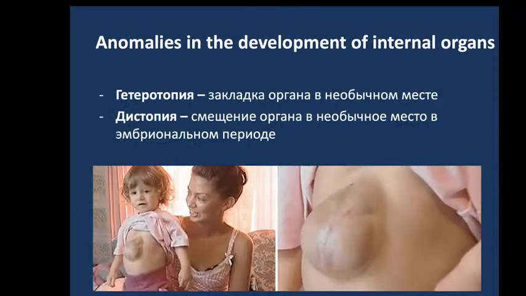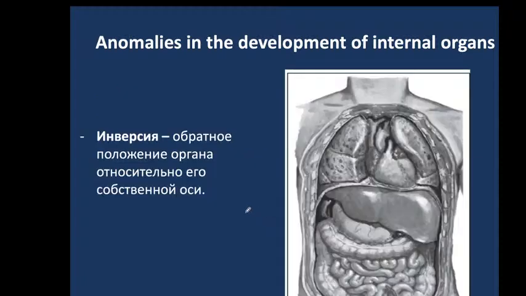Heterotopy or dystopy: this is a small girl who has her heart on the anterior wall of the chest, and inside of this structure the heart is located. So this girl needs to be operated on for that.